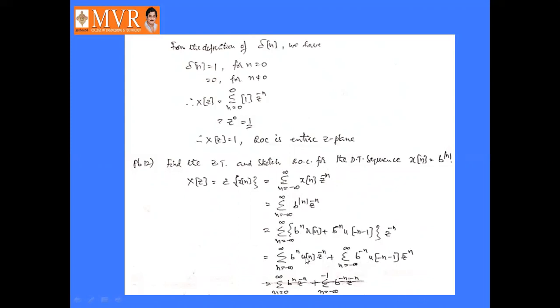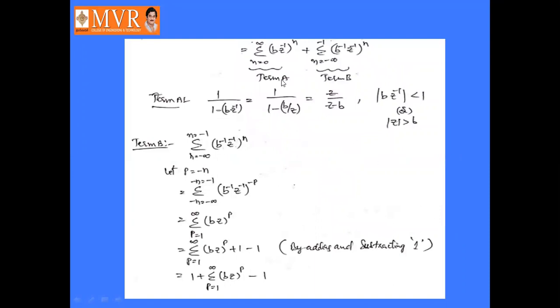Since it is u of n, the limits are from 0 to infinity for b power n into z power minus n, and for the second term sigma n equal minus infinity to minus 1, b power minus n into z power minus n. Here u of minus n minus 1 value is 1 from minus infinity to minus 1.